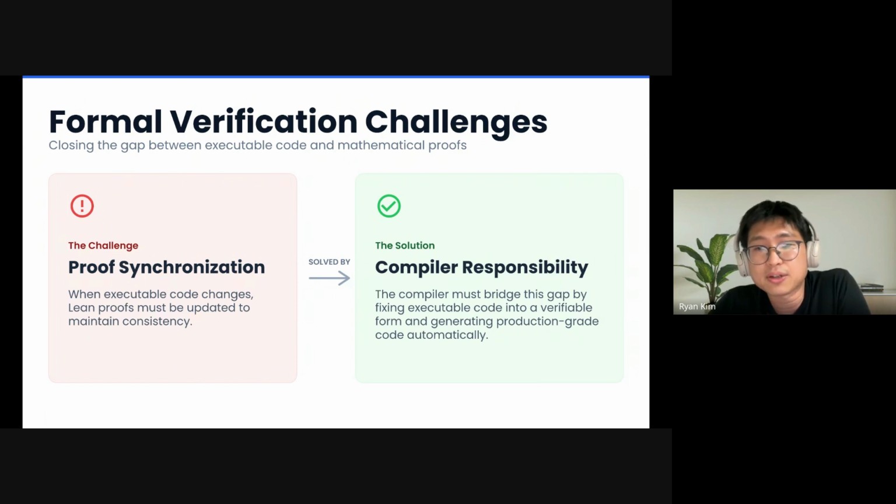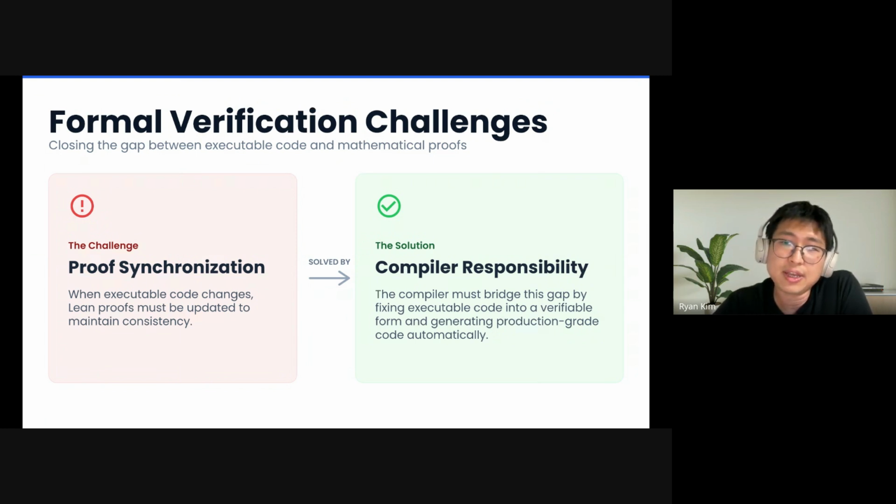The proof and the code keep drifting apart and you're stuck running between them, trying to keep them aligned. If you do this by hand, the loop never ends. Every time the hardware vendor changes, every time someone publishes a new MSM algorithm, every time you tune the Boolean specialization, the proof has to chase the code.